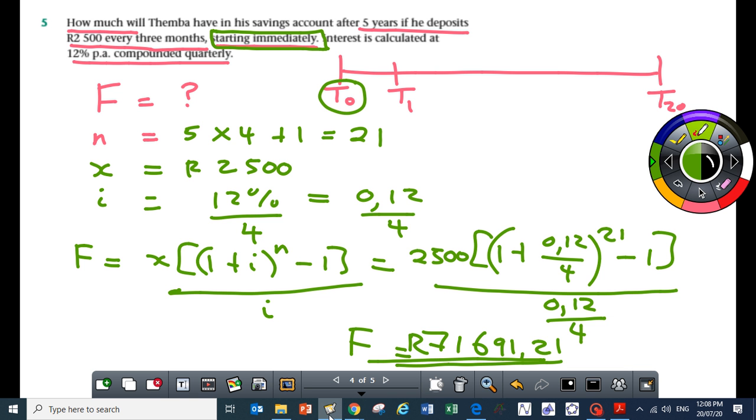And you also need to be 100% sure that it's a future value annuity. Okay, I forgot to highlight as well those two words. Those two words tell us that it's a future value because money is being invested or money is being saved. Okay, let's move on to the next one.